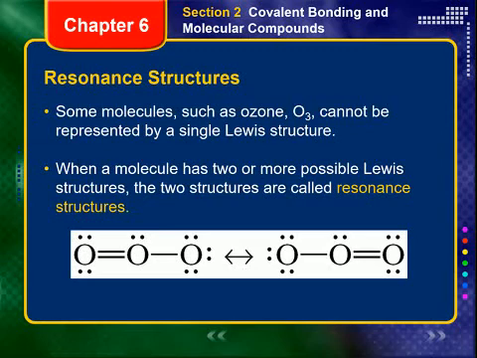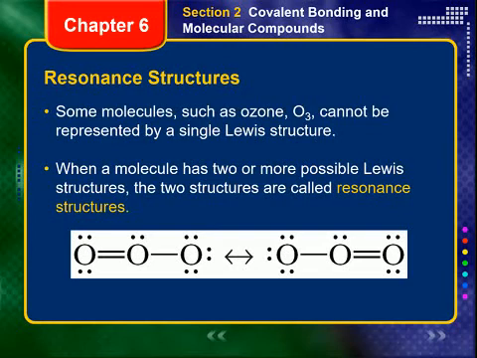Note that each structure indicates that the ozone molecule has two types of oxygen-oxygen bonds, a single and a double. Chemists once speculated that ozone split its time existing as one of these two structures, constantly alternating or resonating from one to the other. Experiments, however, reveal that the oxygen-oxygen bonds in ozone are actually identical.